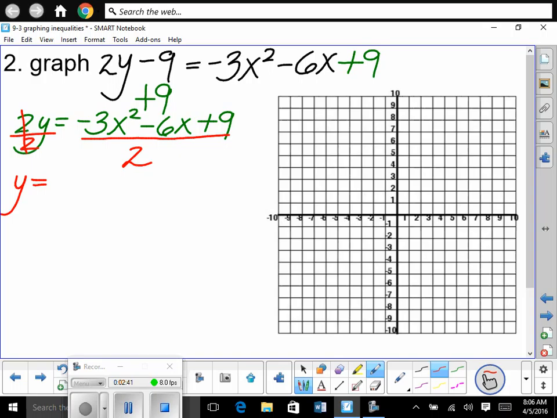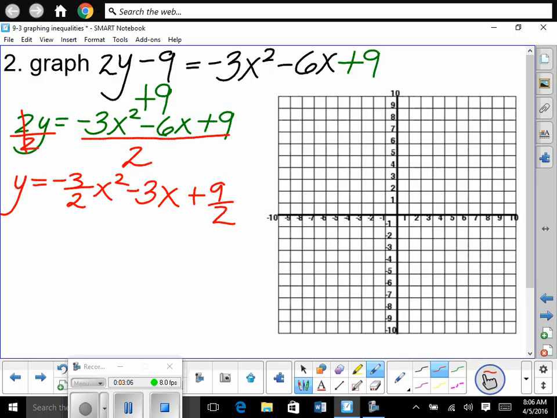We're going to divide each of those things by 2. So isn't that going to be negative 3 halves x squared? Yeah? And then negative 6 divided by 2 is negative 3, negative 3x. Are we all following that? I'm dividing each term by 2. 9 divided by 2, so I'm going to just say plus 9 halves.